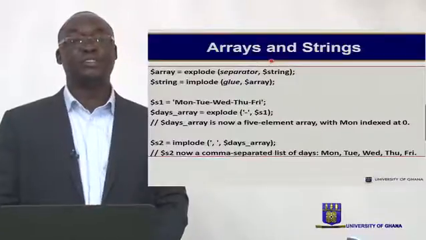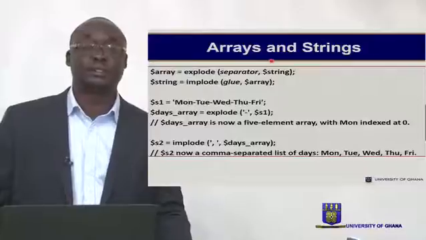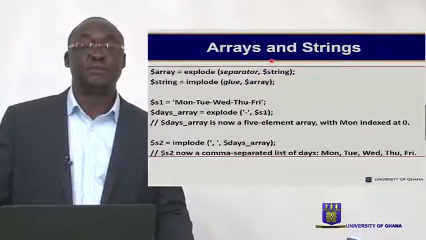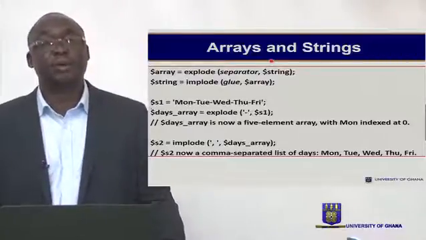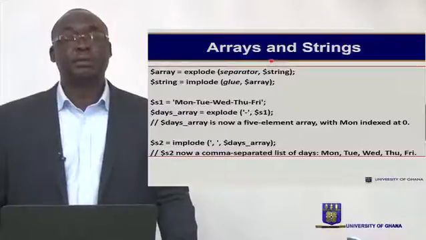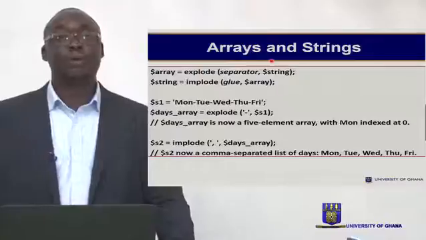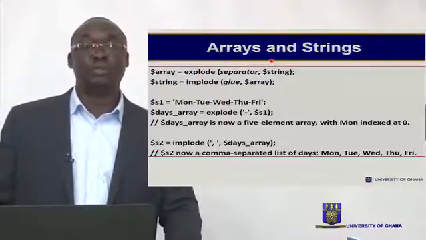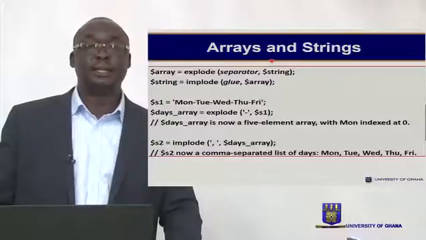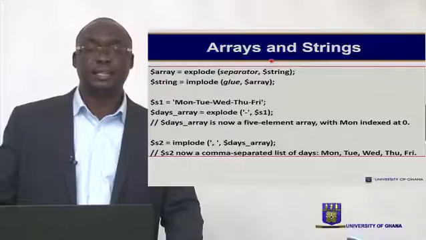Let's look at arrays and strings. This is very, very important, particularly if you are dealing with files. If you are reading data from a file, a record will usually be separated by a space or by a comma or by any other character used to delimit the data items within the data file.